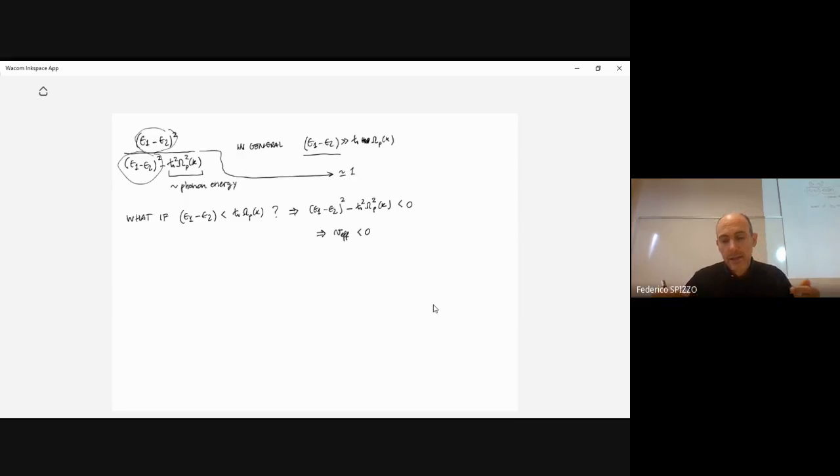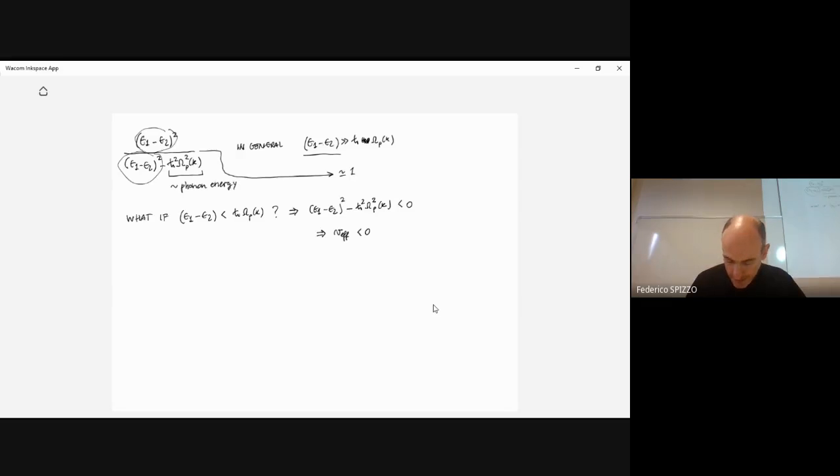So they feel an attraction that tries to bring one electron closer to the second one. What is the physical motivation behind that? This result is called over-screening. So you have an excess of screening, and that excess is such that the interaction is no more repulsive, but attractive.